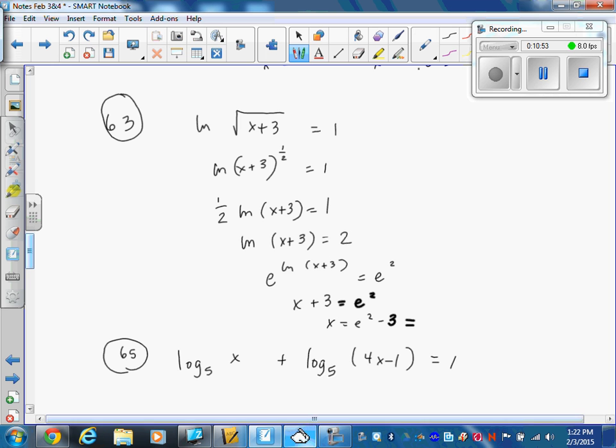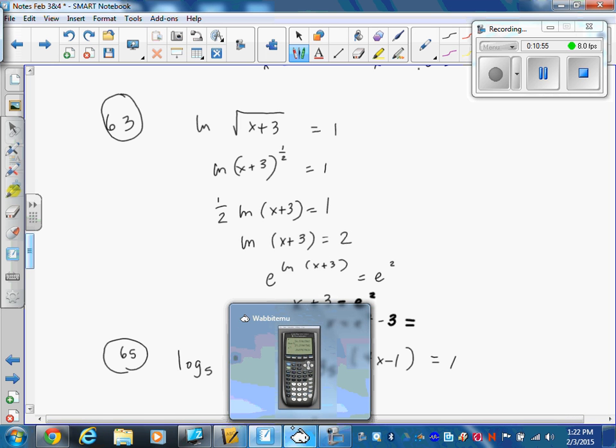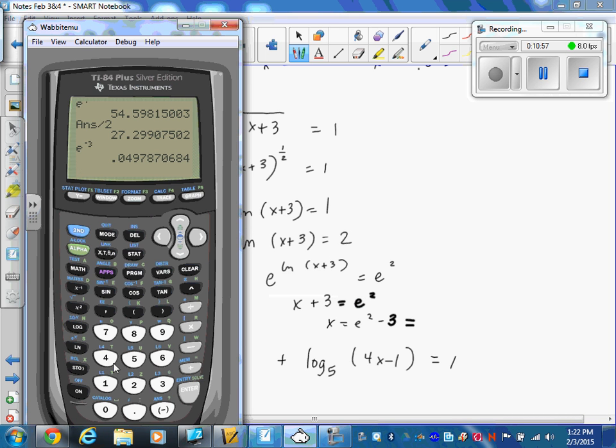So what is e squared minus 3? So we can do e squared minus 3. So I get 4.39.